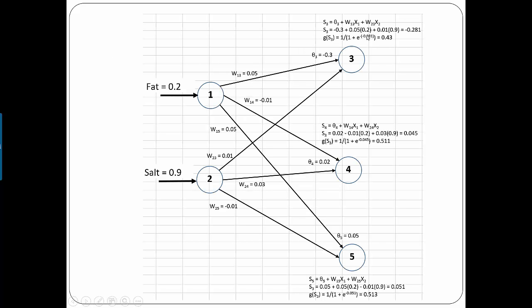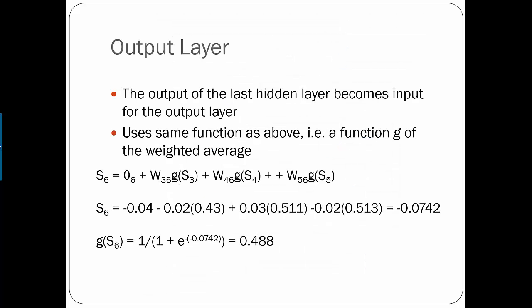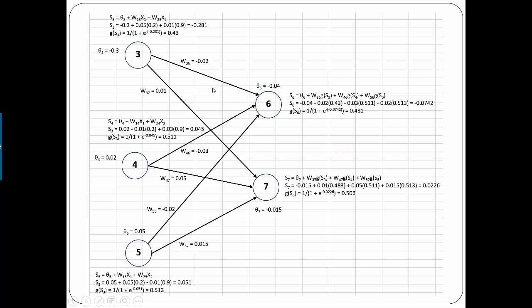You do those computations for each of the 3 nodes, and you get the 3 output values going out of 3, going out of 4, and going out of 5. Now these output values will serve as the input values for the next layer. At the output side, we take the inputs coming in from 3, 4, and 5, and then the bias, and we do the computations exactly like before.